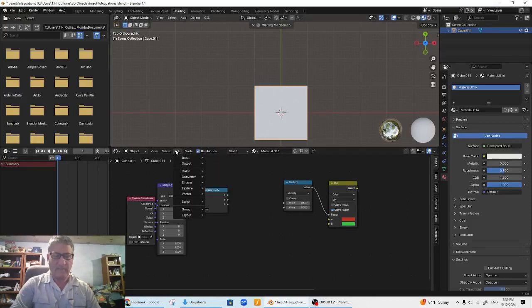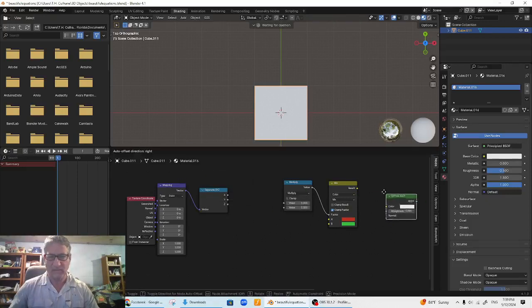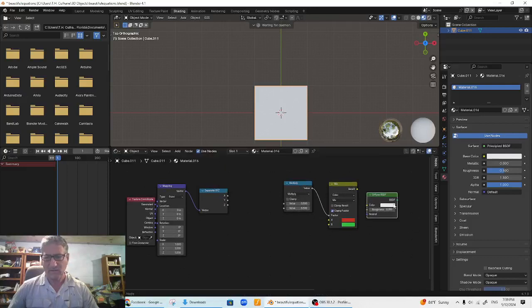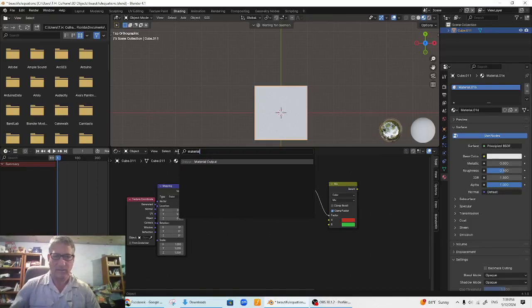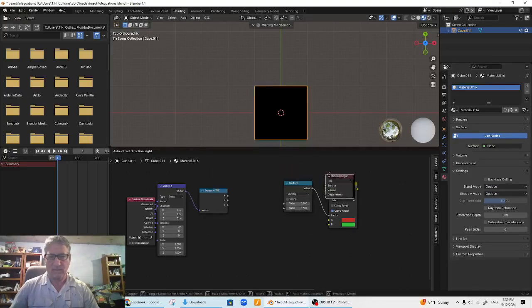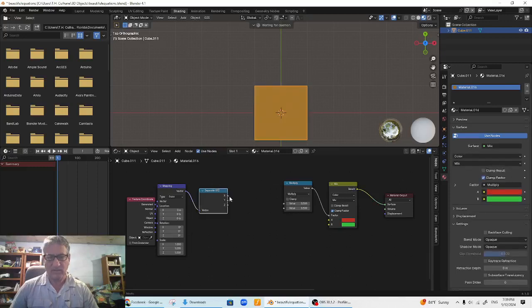I'm going to add a diffuse BSDF shader. Is that the one? No, it's not the one that you usually add. I guess it doesn't matter. Maybe we don't even need that. I'm going to add a material output. All right, connect that in. And I'm going to connect these together to the value.